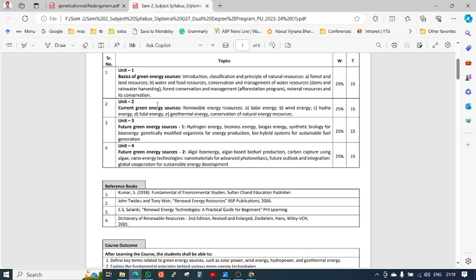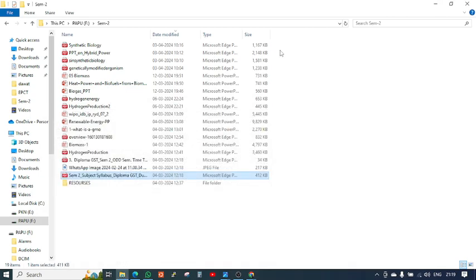Biohybrid system and sustainable fuel generation are all about the combination of natural processes and our modified processes. That's called hybrid processes.